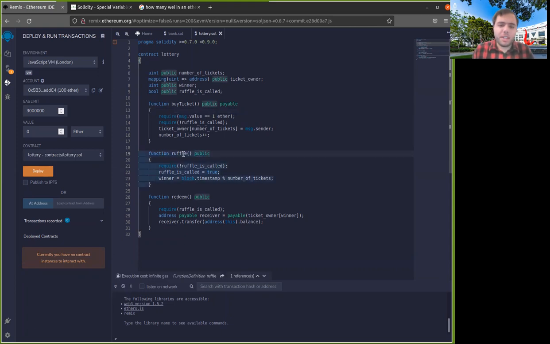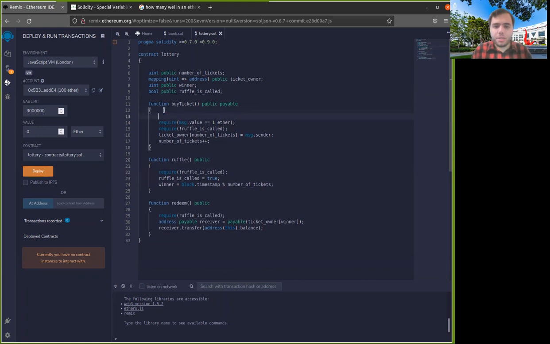And we don't really like that. So what I would much rather have is some sort of timer that says you can buy tickets before a particular block number, and then you can do the raffle only after that block number.